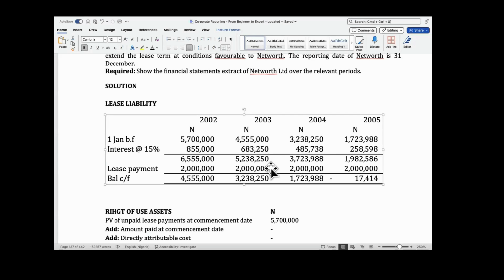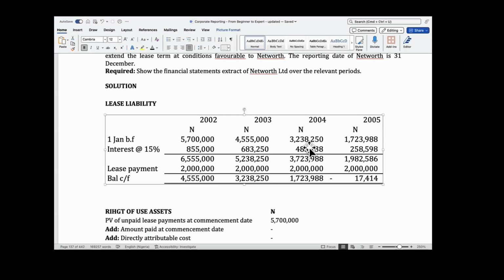Then we pay the rent of 2 million. By the time you remove the rent of 2 million, it brings the liability down to 3.2 million, which we are going to carry forward again to next year. You do the same thing over again.